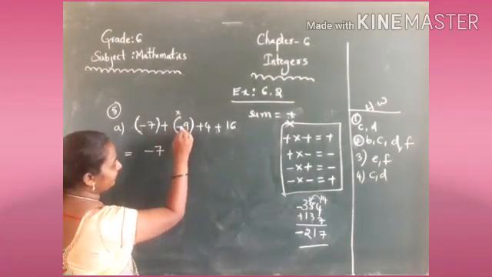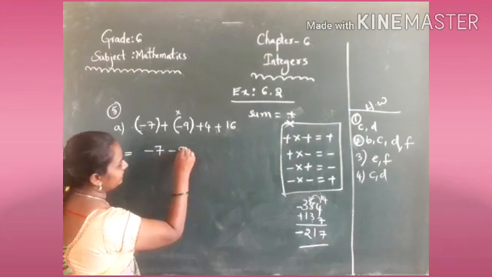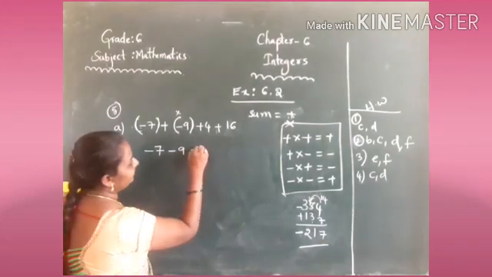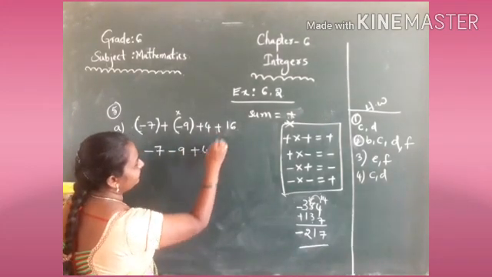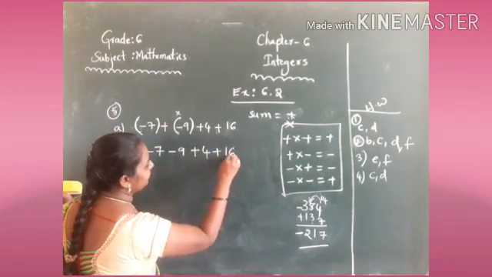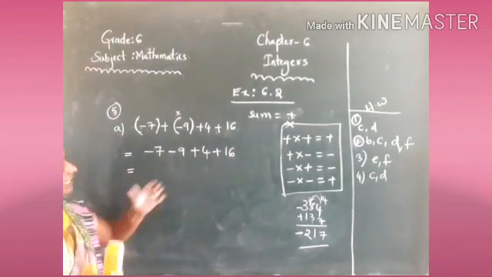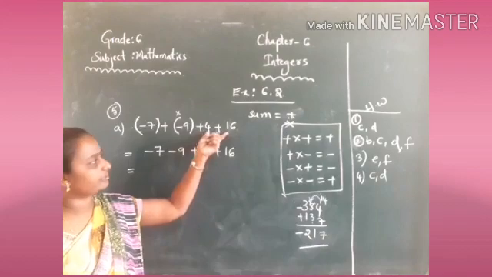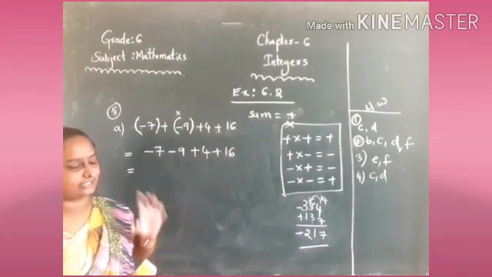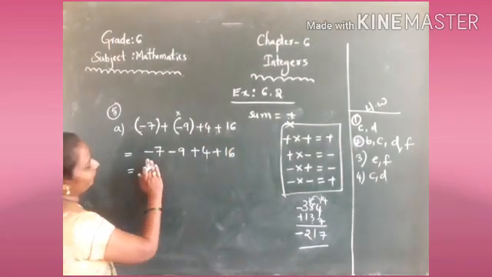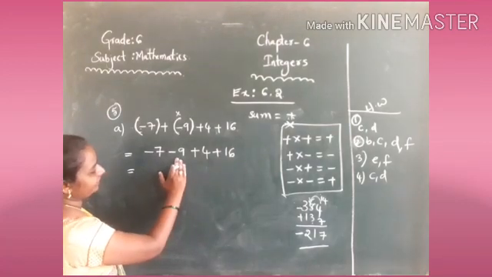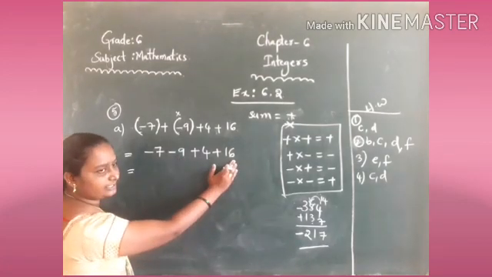Plus into minus. Yes, minus 9. Again plus 4 plus 16. Okay. Is there any brackets? No. Simply as it is you have to copy that one.